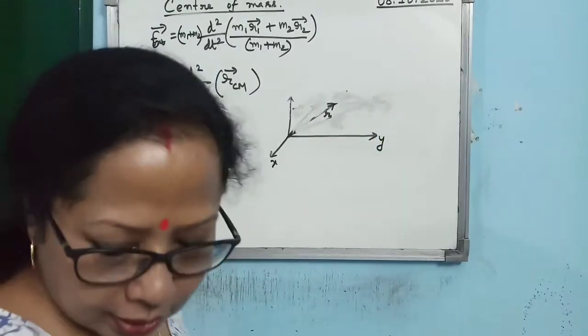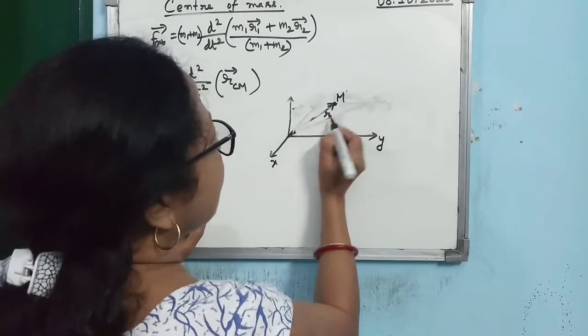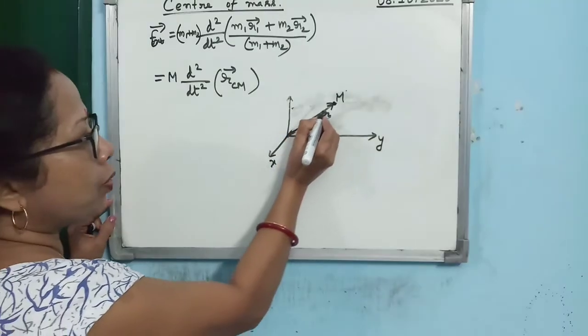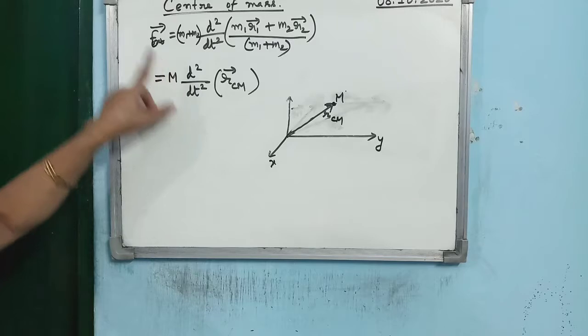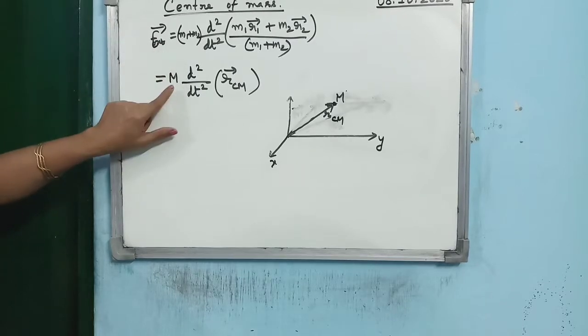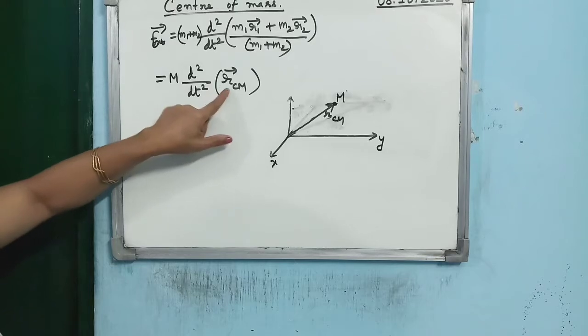This is the situation now, that these two particles are not there, only one mass, the total mass, is at one point, and this is RCM. Then F external is equal to total mass into d2 by dt square of RCM.